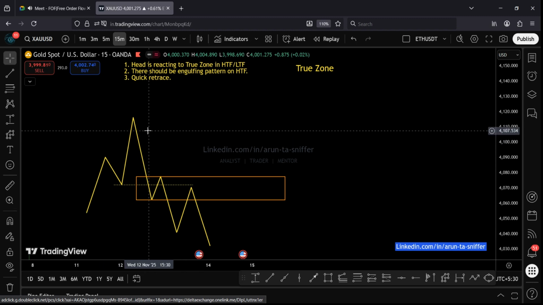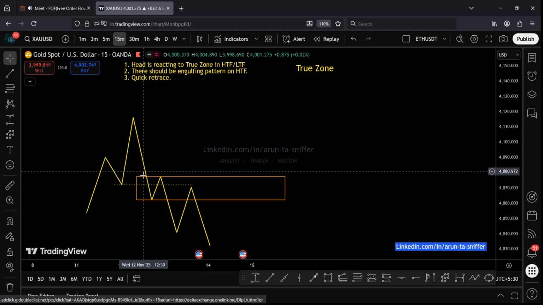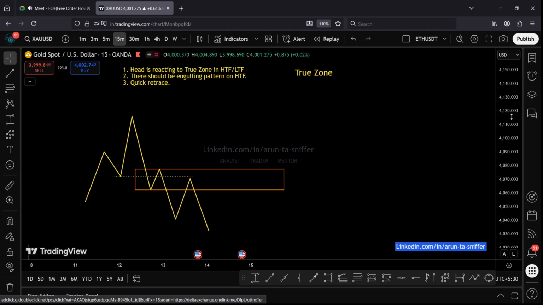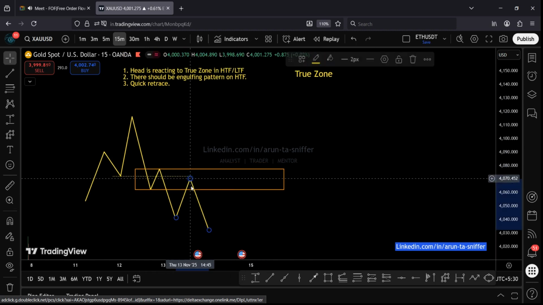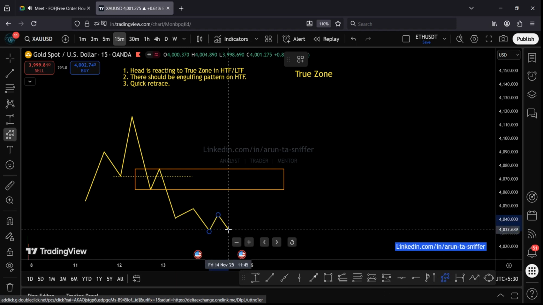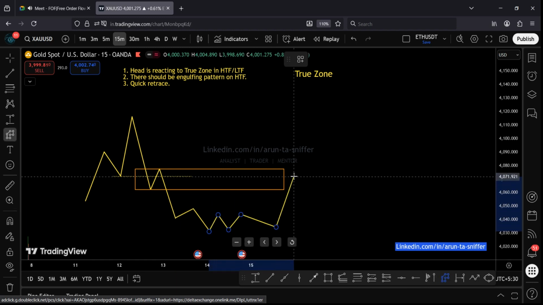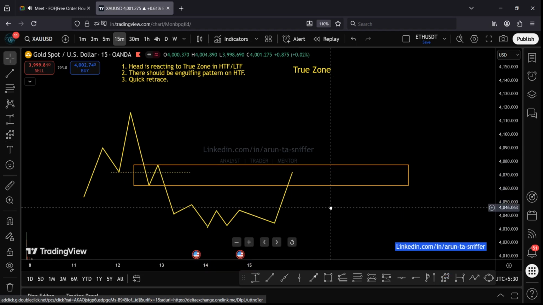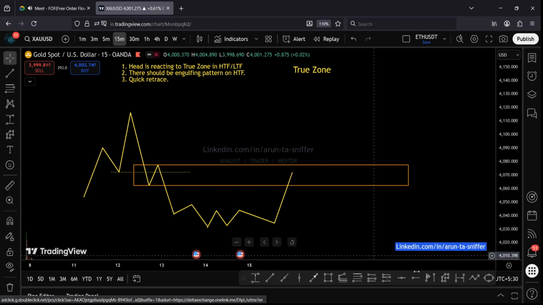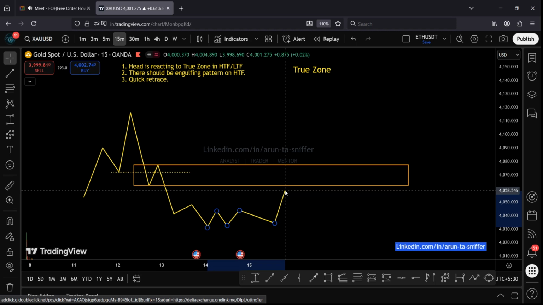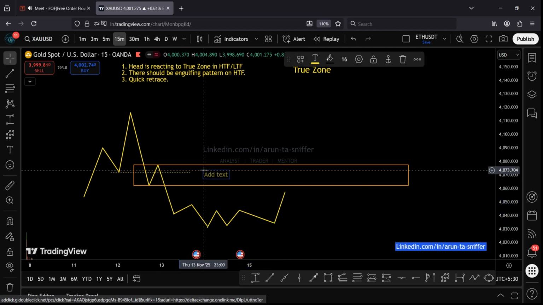there is no engulfing pattern, right? Then price does a late retrace like this. Price makes here, then goes here like this, and then goes back to this zone. So what will we do? We will wait for the PA here again, same as we did in QM. This is RSFL.